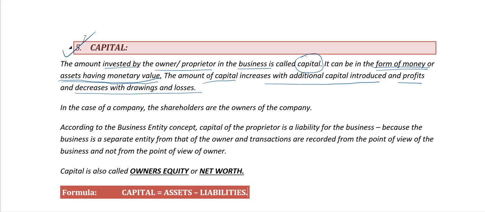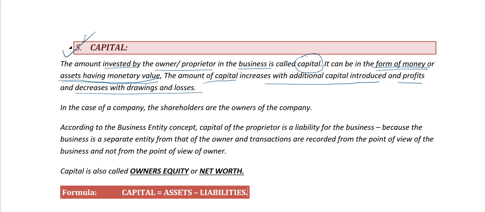So let's say Mr. Gupta, who starts the business by investing rupees 5 lakh as his capital, earns a profit of, let's say, 50,000. Now the amount of the capital becomes 5,50,000. Let's say he incurs a loss in the next year of 20,000. Now the amount of the capital will be 5,50,000 minus 20,000, which is 5,30,000.